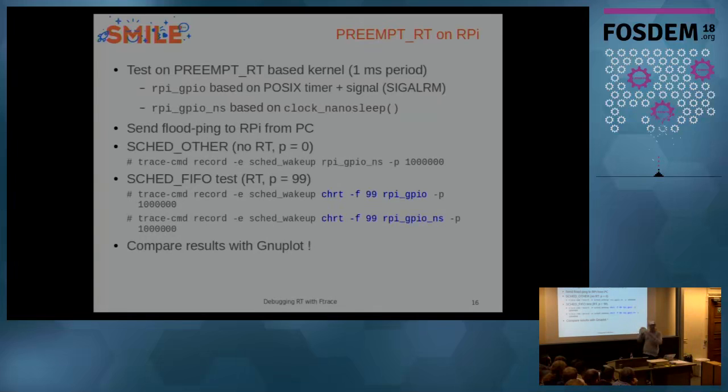It's much better than writing the code inside the program. I did realize this two years ago. So you say chrt FIFO with priority 99, and the last one you do the same test with a real-time program, and you compare the results with gnuplot.